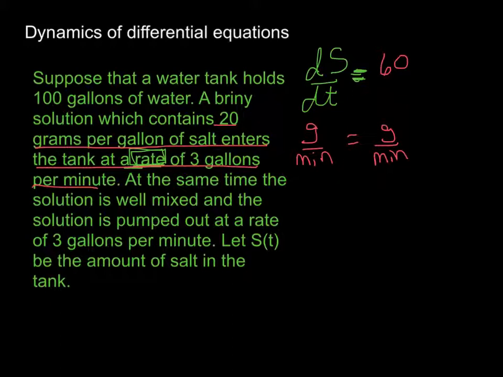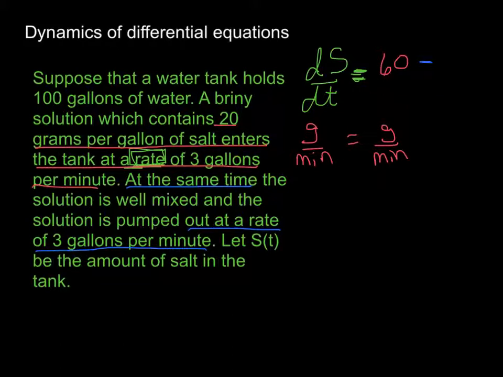And then, of course, at the same time, that means something else is going to happen here. The solution's well mixed and the solution is pumped out at a rate of 3 gallons per minute. So we need to remove some salt from this thing. And let's see here, how much salt is in there?